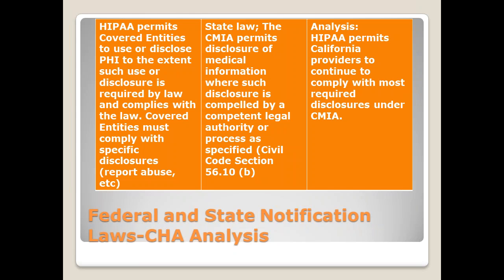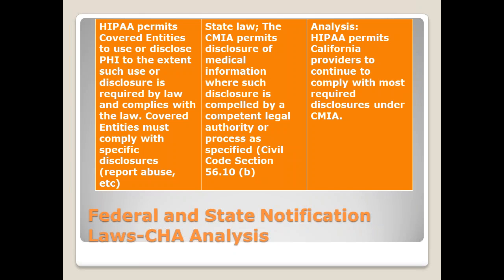Now, in the middle, they're looking at the CMIA law, that specific state law, and that permits disclosure of medical information where such disclosure is compelled by a competent legal authority or process. And they're referencing the civil code here. So they're looking at both, and their analysis is in the far right column.